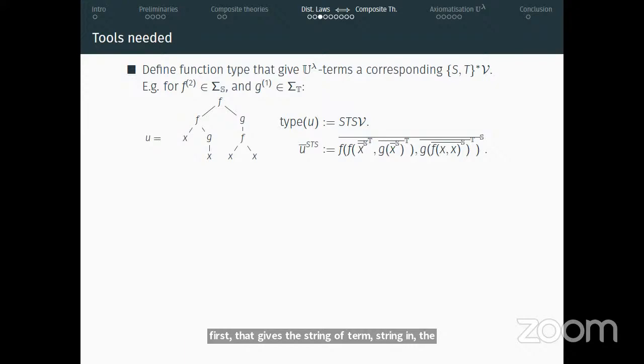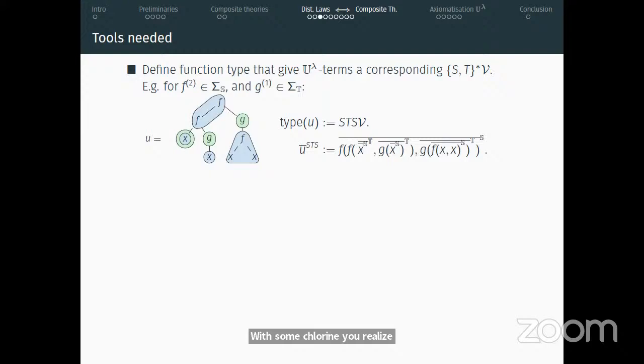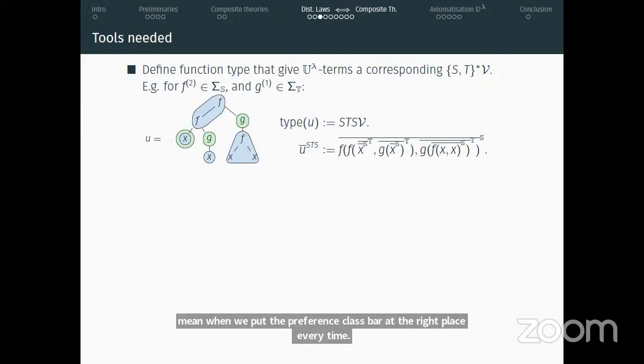So you have S operations, T operations, S operations, etc. In the case where F are S terms and G are T terms, and a term with some coloring, we realize that the type is STS: blue, green, blue. Then we also introduce a notation where we take the equivalence class of the type, putting the equivalence class bar at the right place every time. We only use this notation when it's unambiguous, of course.